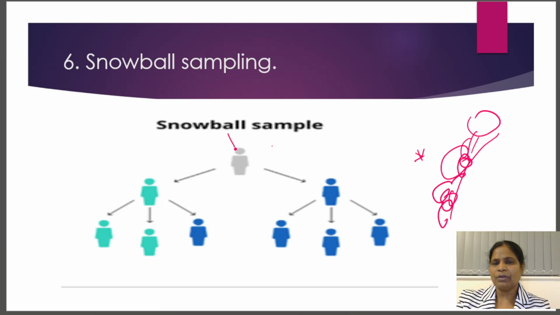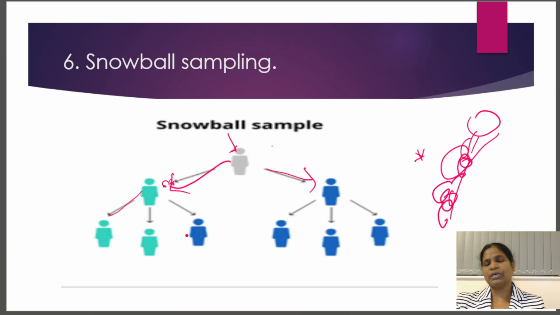So he will start with one person, and this person can lead to the next two persons. The researcher approaches this person, and this person can tell the route to approach the other three persons. So it just rolls, it's a chaining system.